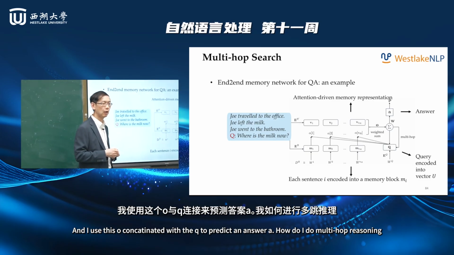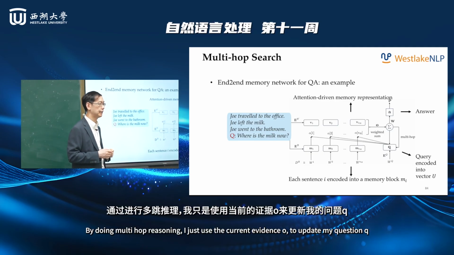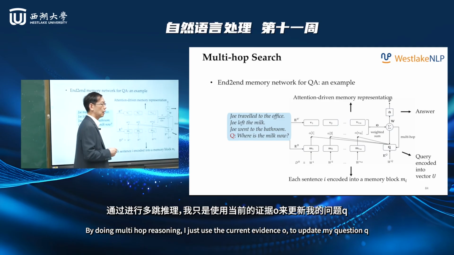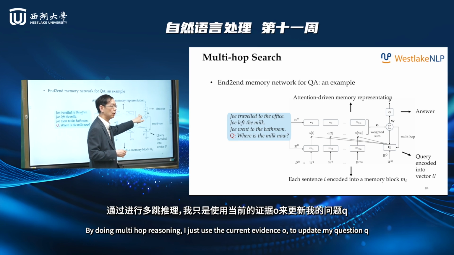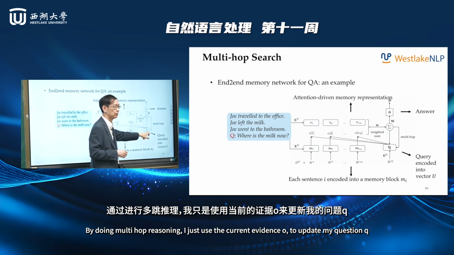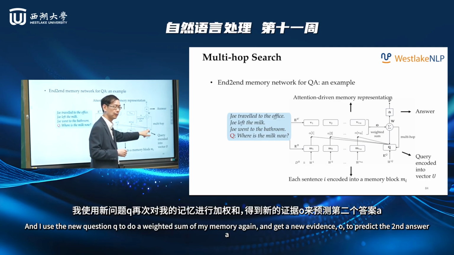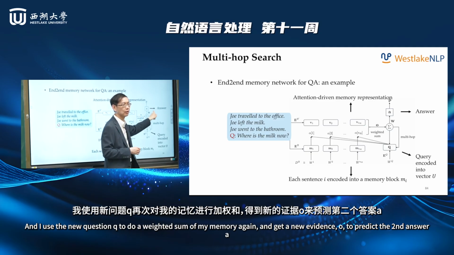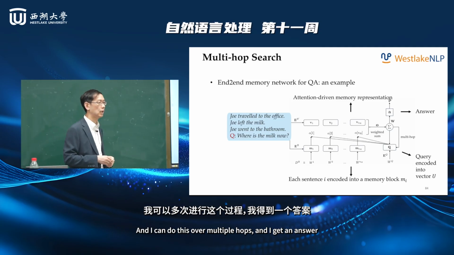How do I do multi-hop reasoning? By doing multi-hop reasoning, I just use the current evidence O to update my question Q. And I use the new question Q to do a weighted sum of my memory again and get a new evidence O to predict a second answer A. And I can do this over multiple hops and I get an answer.